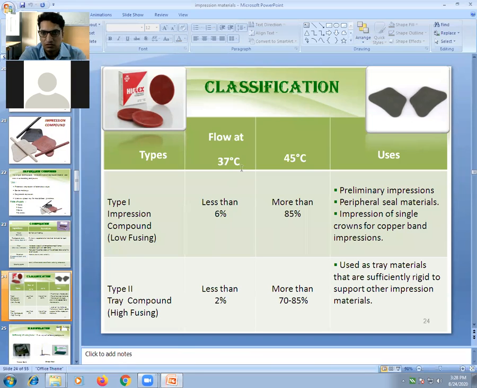At 37 degrees centigrade its flow is only 6%, but as we raise the temperature to 45 degrees centigrade, the flow increases to 85%. That's why we keep this impression compound in a water bath at 45 degrees centigrade. It gets softened and we make an impression.